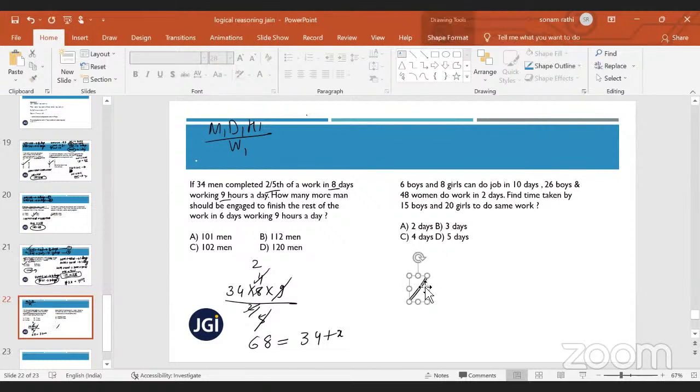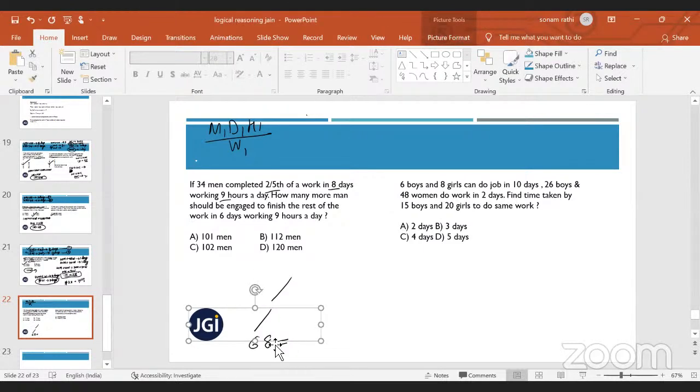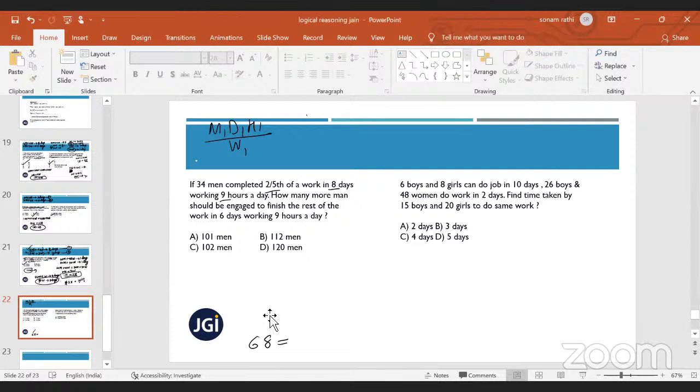Let me check it again. 34 into 8 into 9 by 2 by 5 is equal to 34 plus X into 6 into 9 by 3 by 5.